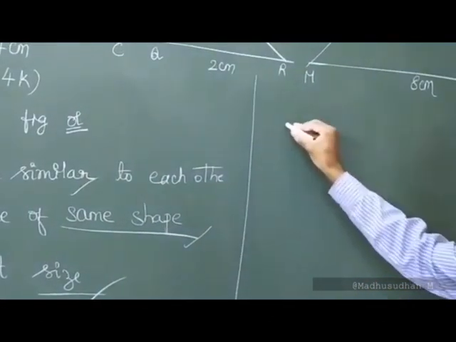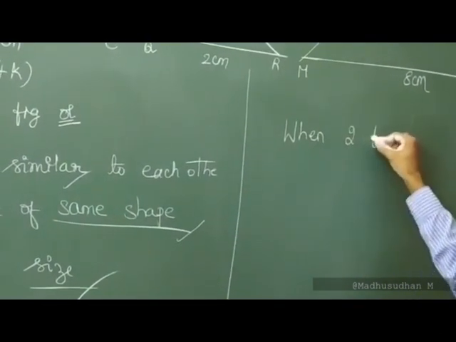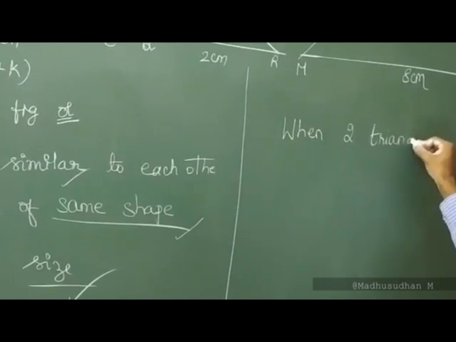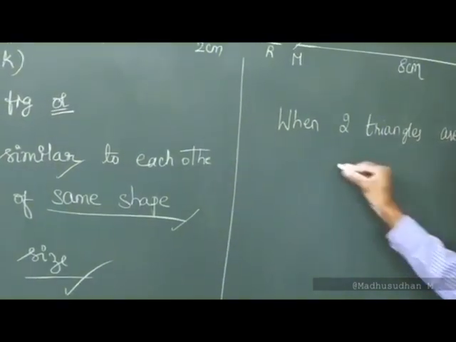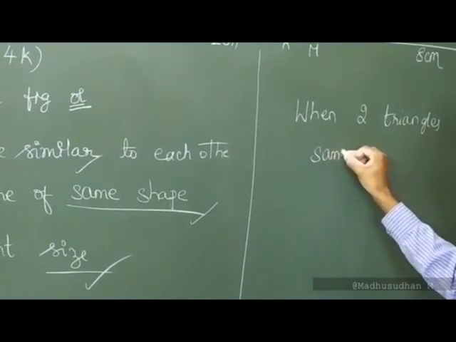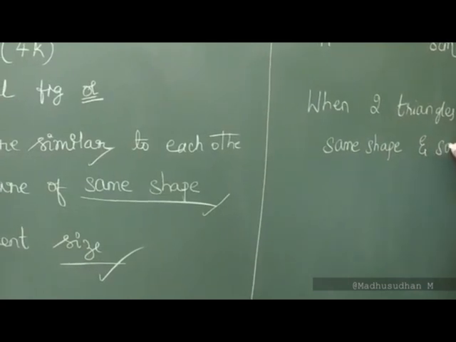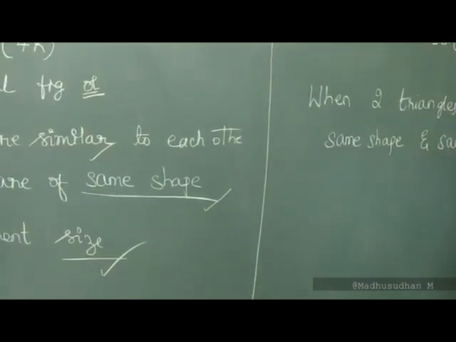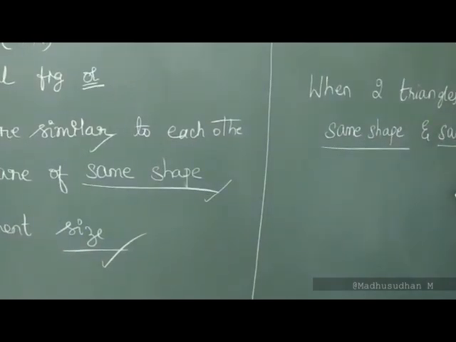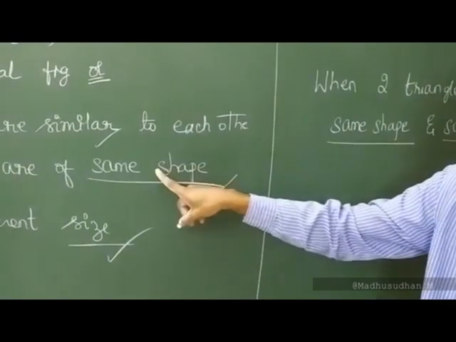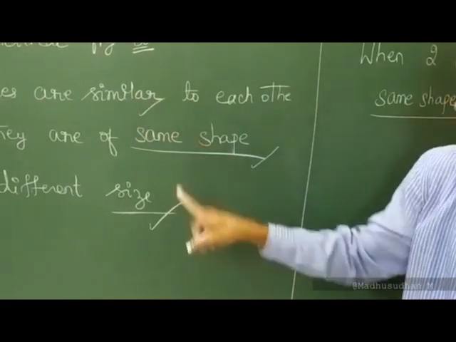So here the next point is when two triangles are of the same shape and same size, very very important part, same shape and same size. Here it was same shape but different size, they are called similar triangles.